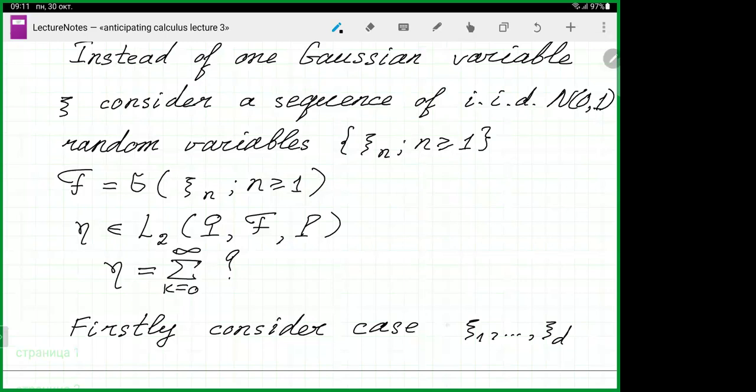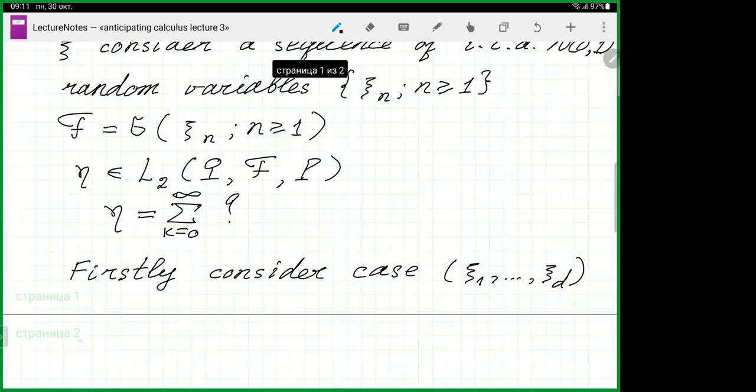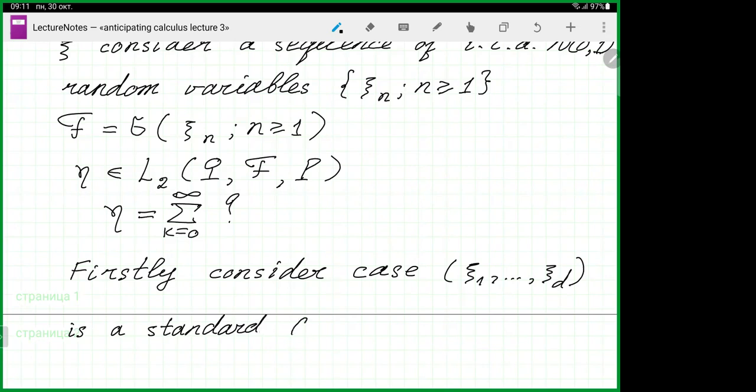So suppose that this is a standard Gaussian vector in R^d.